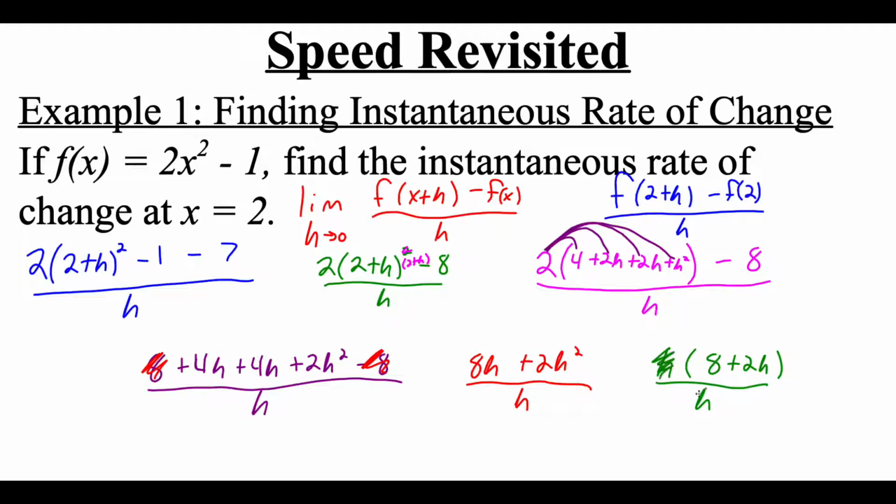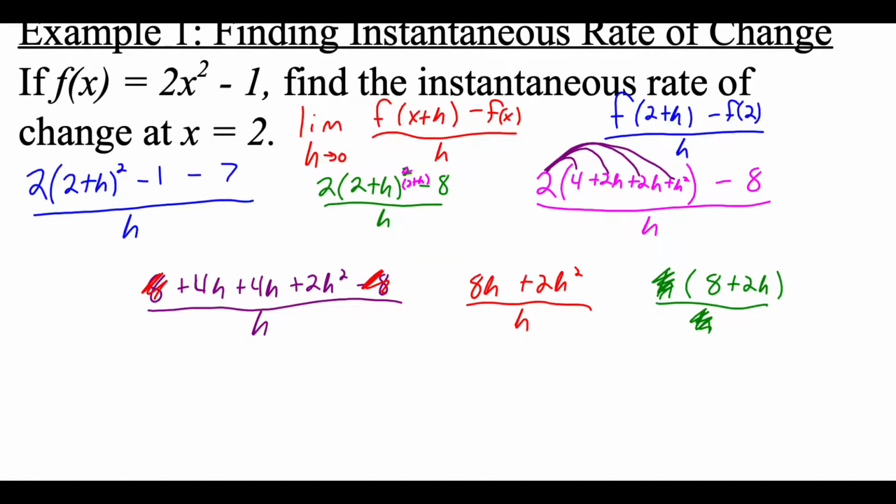These h's are going to cancel each other out, so we get 8 plus 2h. But we're not quite done, because now we need to do the limit of this 8 plus 2h as h is approaching 0. So if I direct substitute 0 in there, I just get 8 as my answer.